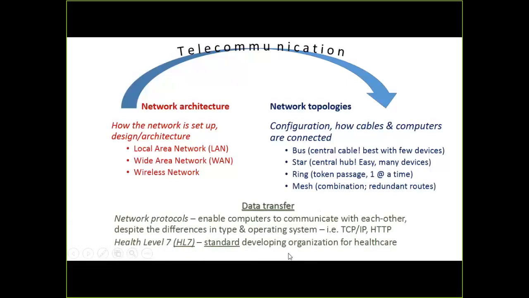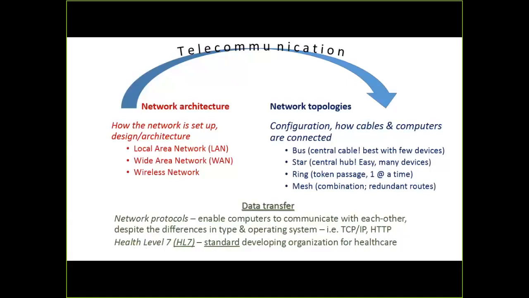This one I want you to really pay attention to, the data transfer and the network protocols, especially health level 7. So what are protocols? These are basically, just as the name suggests, rules that enable computers to communicate with each other despite their differences.